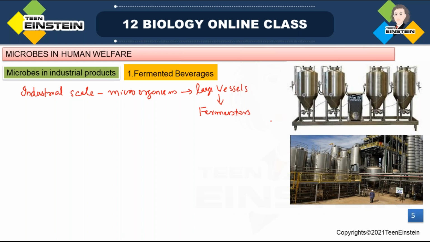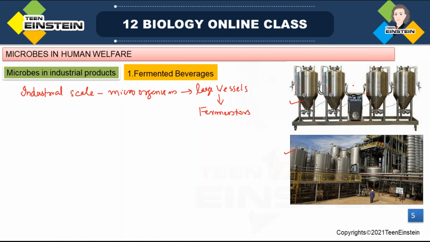Okay. Here you can see in the picture, the fermenters. So what are fermenters? These are the fermenters. The big vessels which are used for growing the microbes for the industrial scale production of different products.